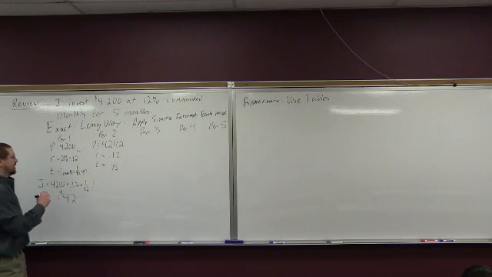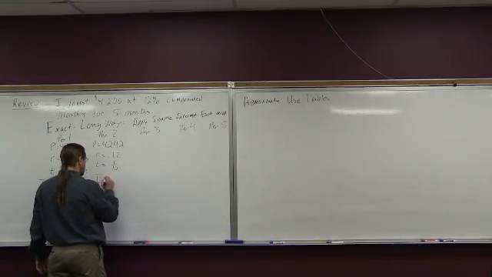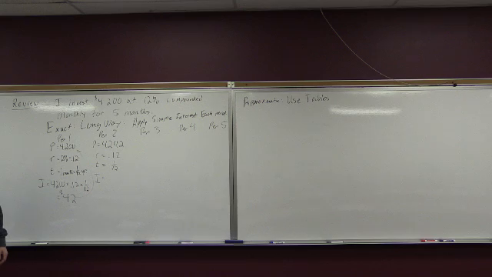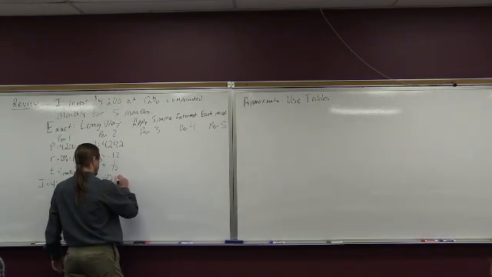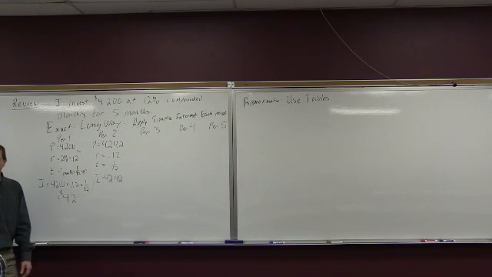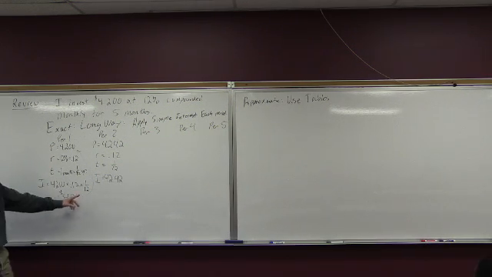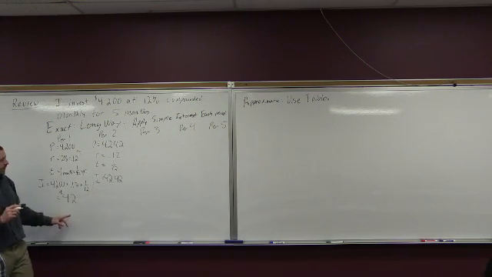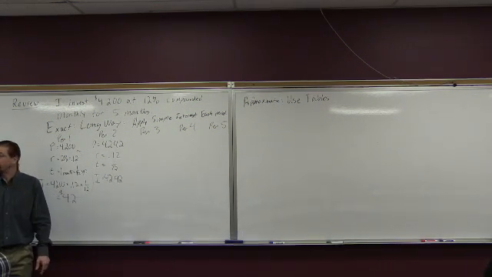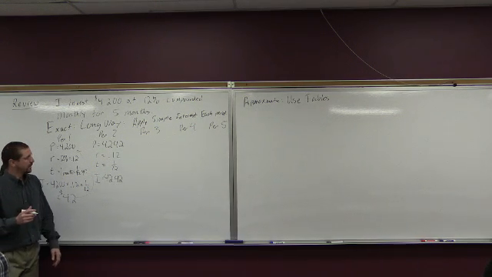What's our interest this time? 42.42. And again, the reason why it went up is because my $42 of interest that I earned in the first period earned me an extra 42 cents of interest in the second period.